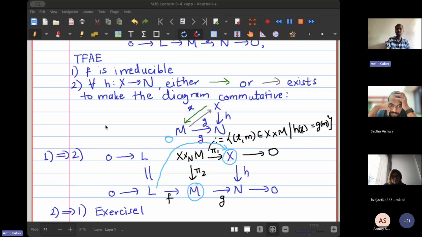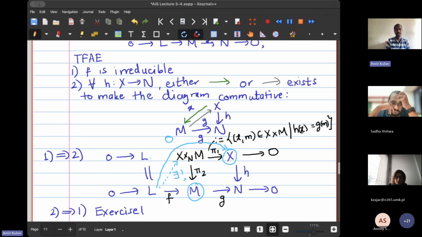Therefore, there must exist a unique factorization through the pullback, which I'm writing over here. Let me call that F dash.